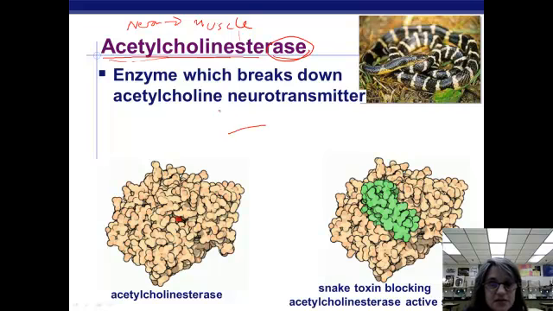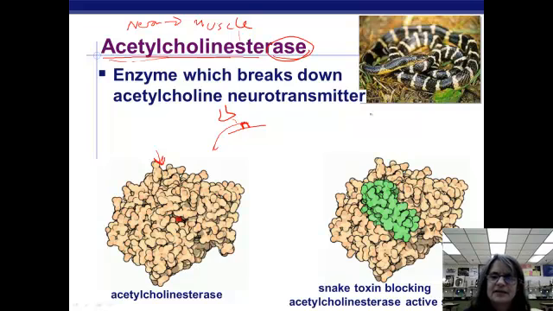So if this is my muscle cell, this is my axon, I sent acetylcholine over, acetylcholine lands on that receptor, and I have to clean it out of the receptor if I ever want this receptor to do its job again, to be able to receive more acetylcholine someday. Okay? So, let's say that this big blob is what acetylcholinesterase looks like. So this big blob would come over here and grab acetylcholine out of that receptor, and then this receptor would be brand new and be able to do whatever it needed to do again.